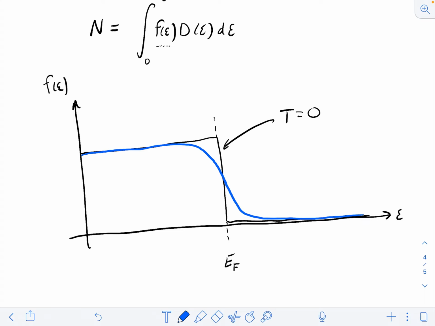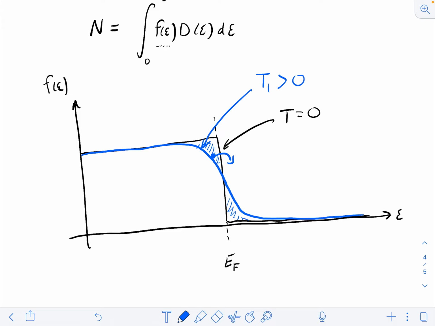This is, for example, maybe T1, a little bit above 0. The way you could think of this is that some of the particles right near the Fermi energy gain enough thermal energy that they can hop out of an energy state right near the Fermi energy and hop into a higher energy state. And so then the occupation over here starts to build up, and we lose some of the occupation at the top.